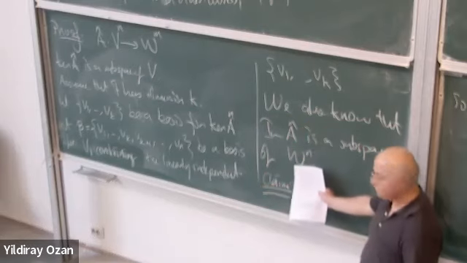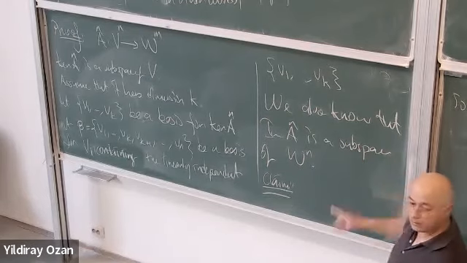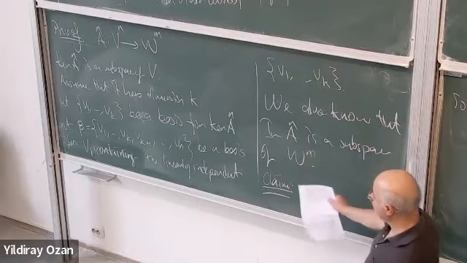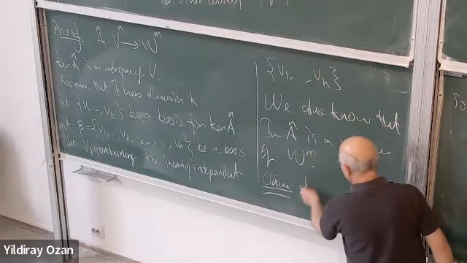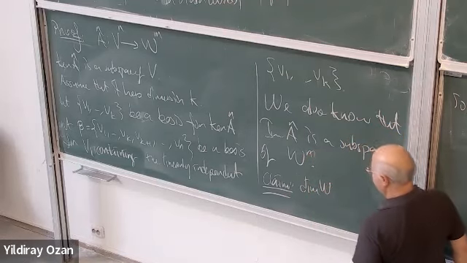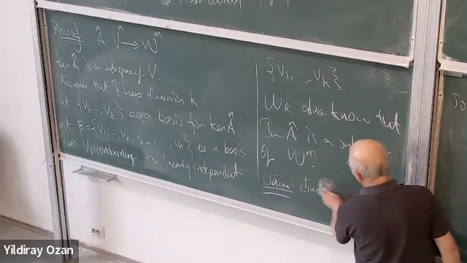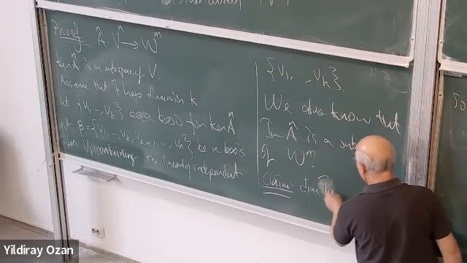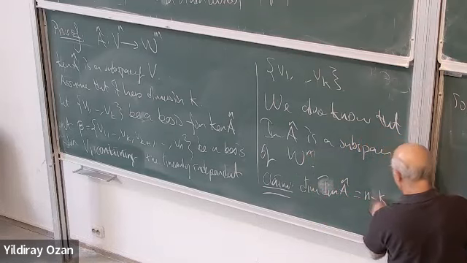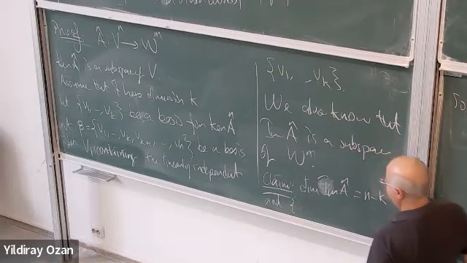The dimension of the image is n minus k.